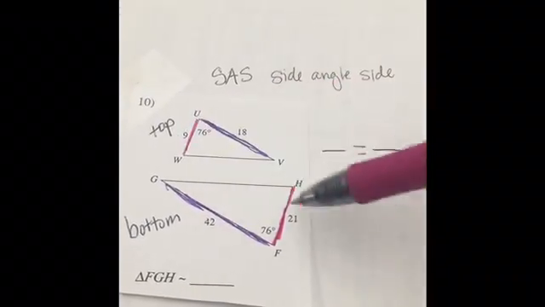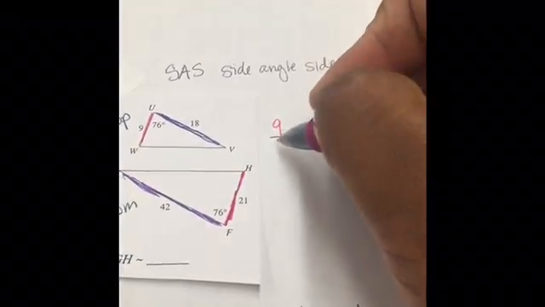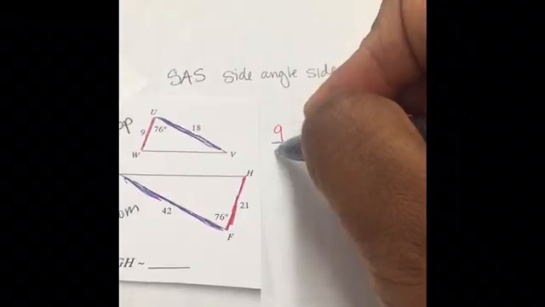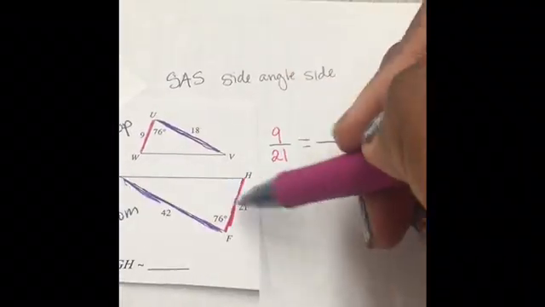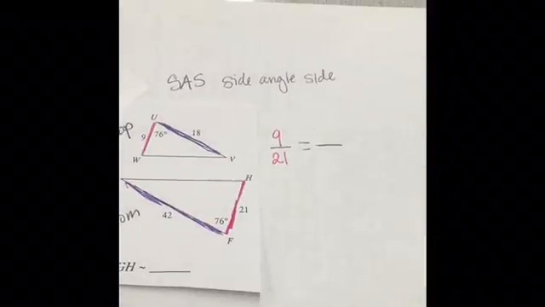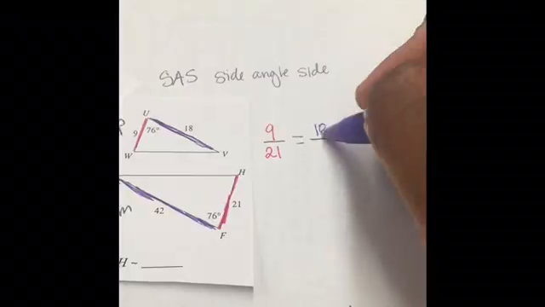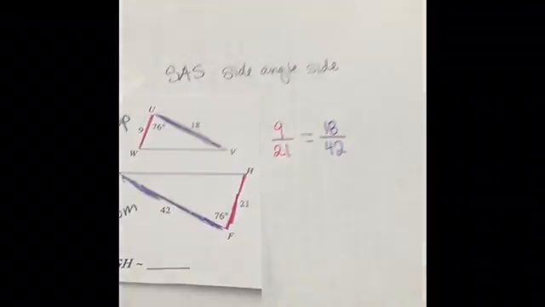I'm going to take the first two numbers, the 9 and the 21. Notice they're the same color. I'm going to put the 9 on top because I distinguished that everything up here is going to go on the top of my fractions. And I'm going to put the 21 on the bottom because I've distinguished that any number coming from here will go on the bottom of my fraction. And then I'm going to take the 18 and the 42 and write that into a fraction.